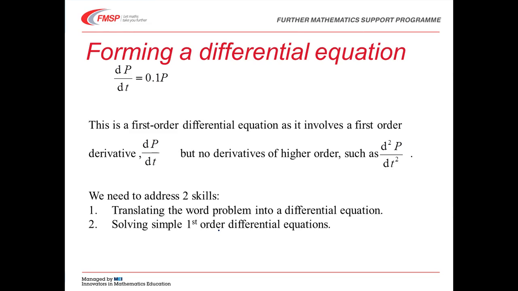In this video, we're going to be addressing two skills. First of all, translating a word problem into a differential equation, and secondly, solving first-order differential equations of a particular type which only need one method to solve them. If you go on to look at differential equations in further maths, you'll look at a much wider range of differential equations, but for this video we're just looking at one type.